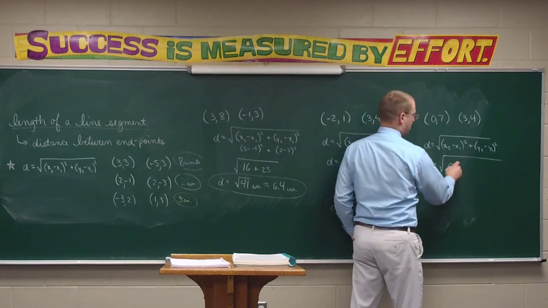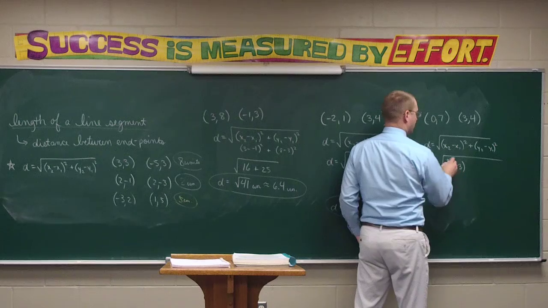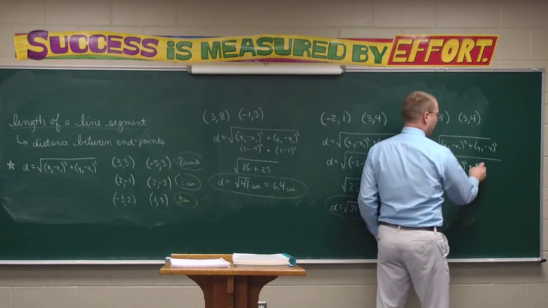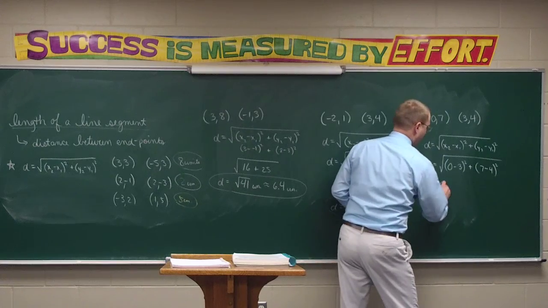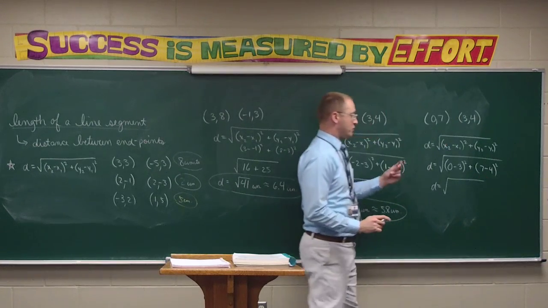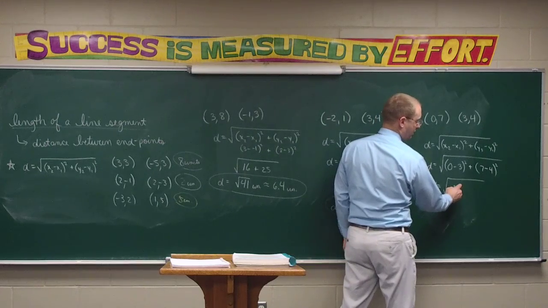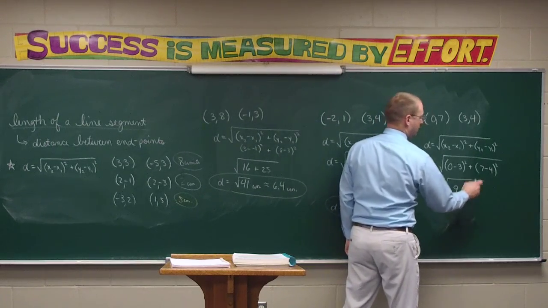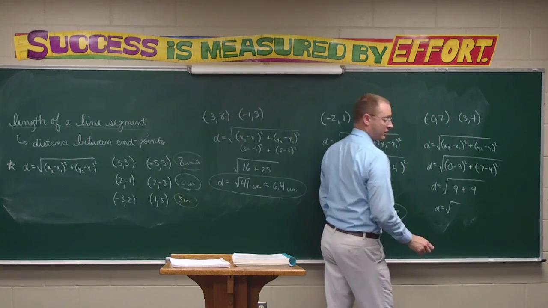X2 is 0 minus 3 squared plus 7 minus 4 squared. Tell me what to write for my simplified values. Subtract and square. Audrey? 9 and 9, so we add that together, class, we get the square root of 18.